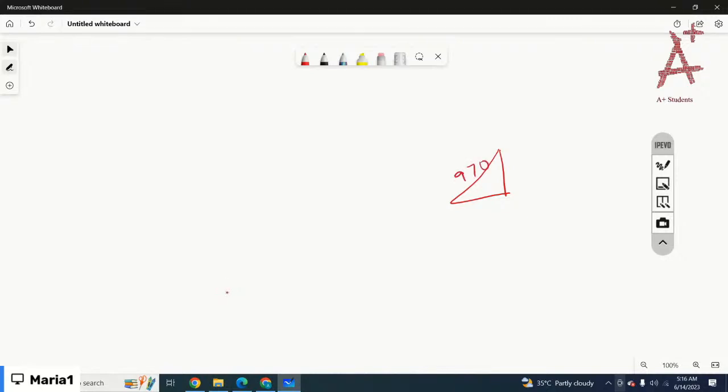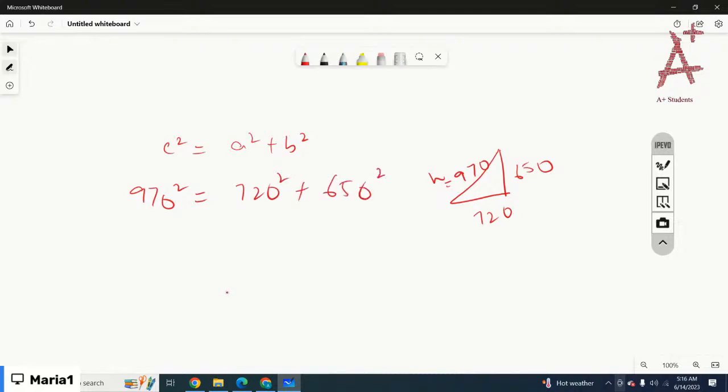It would be 970, 650 and 720. So that would be the hypotenuse. You have to see if this is a right angle triangle. C square equals a square plus b square. So just put the values and see if c square, 970 square, equals 720 square plus 650 square. Just see if they are equal.